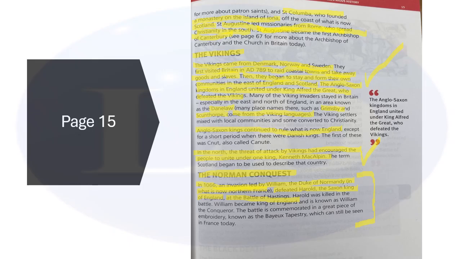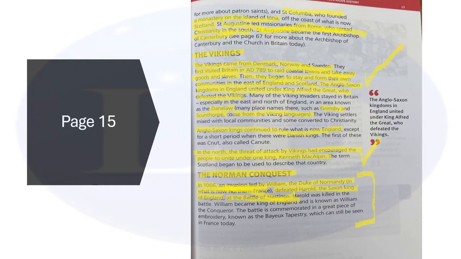And who was that king? He was the Saxon king. And what's the name of the battle in which William defeated Harold? Sometimes, what is the date of the Battle of Hastings? 1066. Okay, so if you know this bit, you can answer many questions.